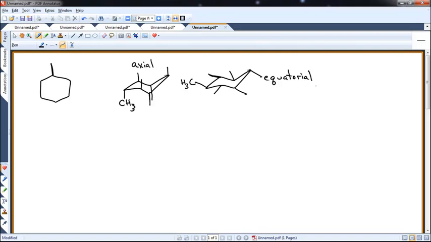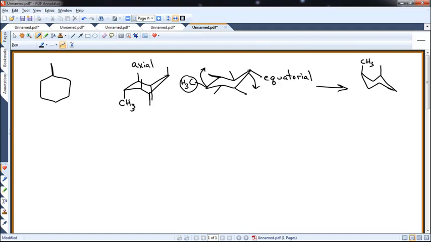Okay. If I do a chair flip, where I take this carbon and I bend it up, and I take this carbon and I bend it down, now my chair would look like this, and my previously equatorial carbon will now occupy the axial position. And if you don't believe me, pause the video and do it right now. It's good practice.